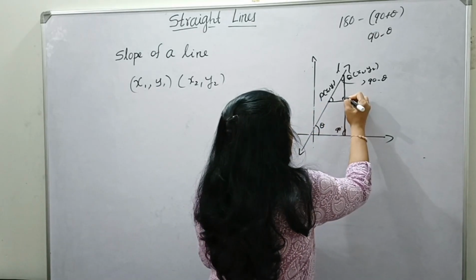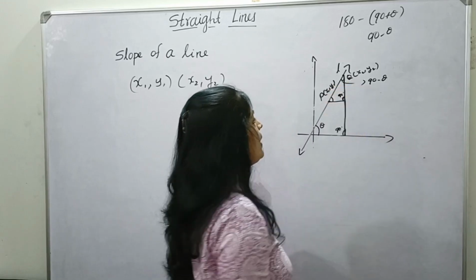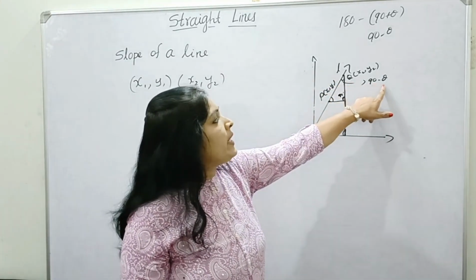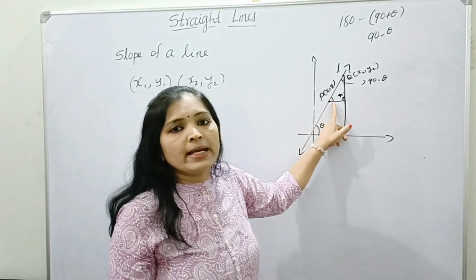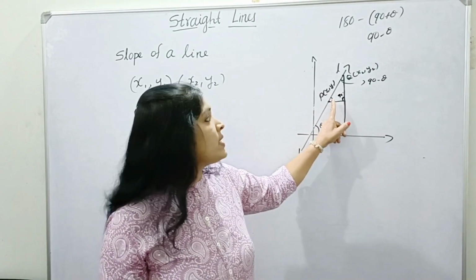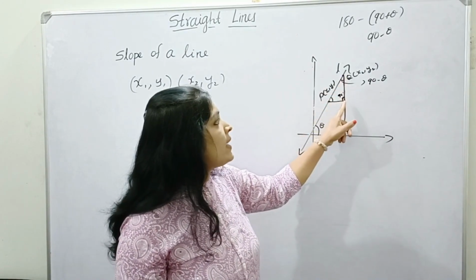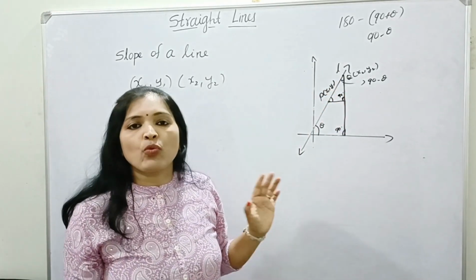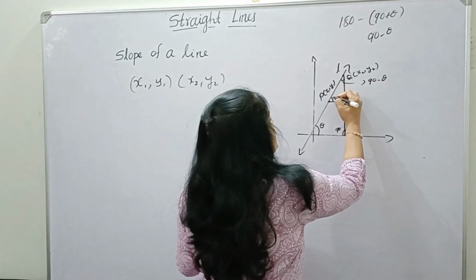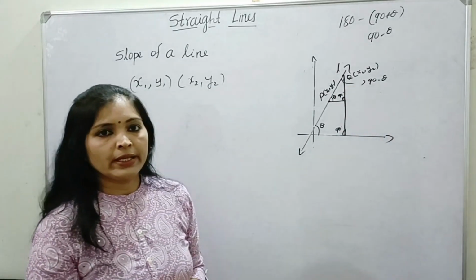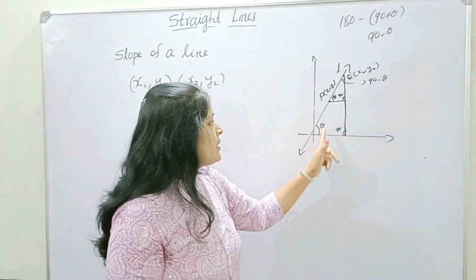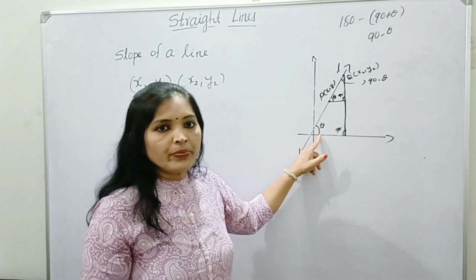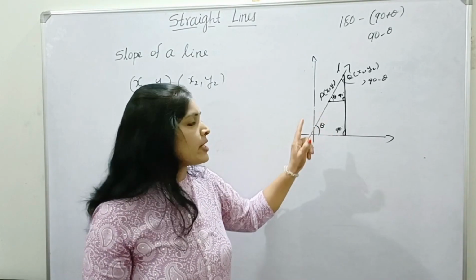Since it is a perpendicular line, it is 90 degrees and the other is 90 minus theta. Therefore, this angle is nothing but theta, because it's also a triangle and the sum of the interior angles is 180 degrees. Understood? It is theta, that is the inclination of this straight line.